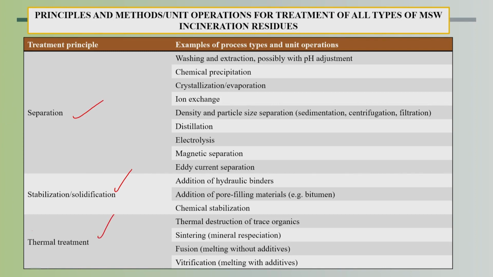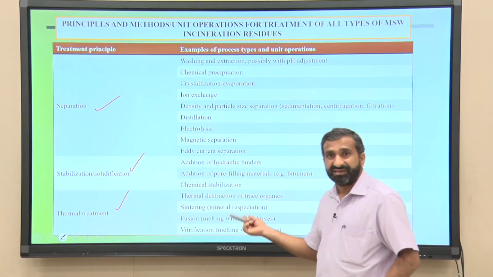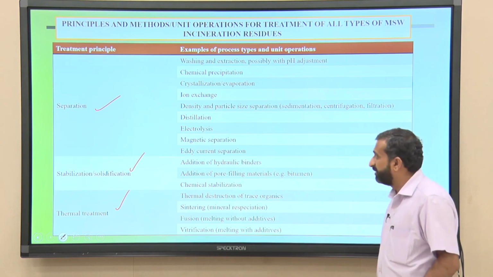Now, here this table gives the different technologies. This shows the different unit operations or technologies under separation: ion exchange process, distillation or electrolysis, magnetic separation, eddy current separation could be possible. In stabilization or solidification, addition of hydraulic binder and chemical stabilization could be possible, and thermal treatment like sintering, fusion or vitrification, these kinds of unit operations could be possible.